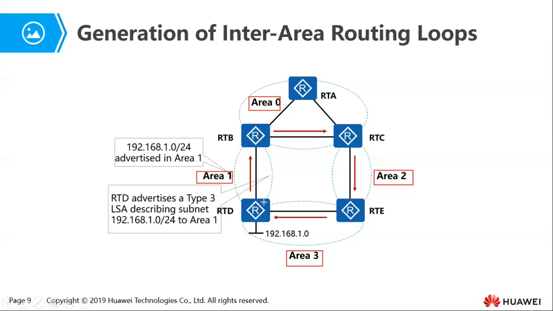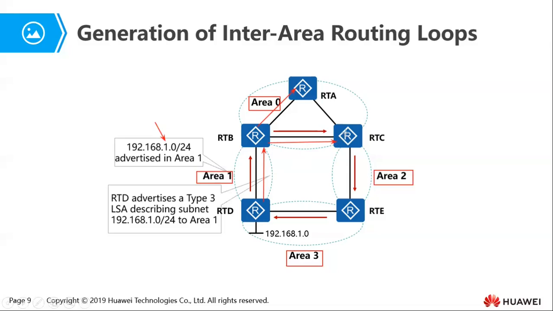RTD advertises a router LSA advertising this particular network in this area 1. When that happens, RTB, because it's an ABR, is going to forward that as a type 3 LSA to this particular area 0.